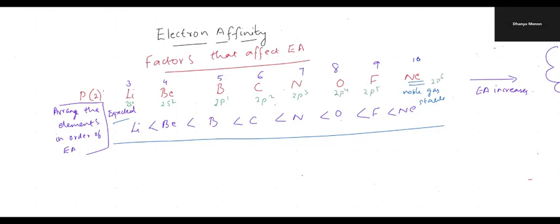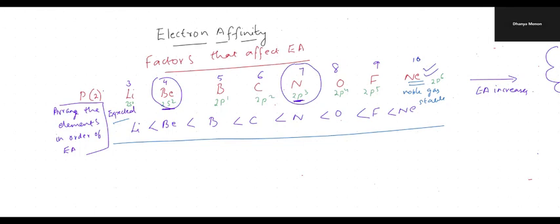Over here, you can see beryllium has a fully filled s subshell. Nitrogen has a half-filled subshell, right? So these two elements also we have to consider. Also the noble gas, neon, which already has a stable configuration.